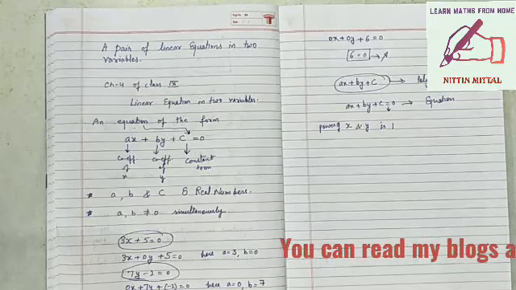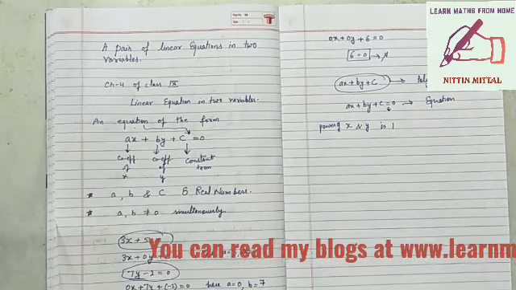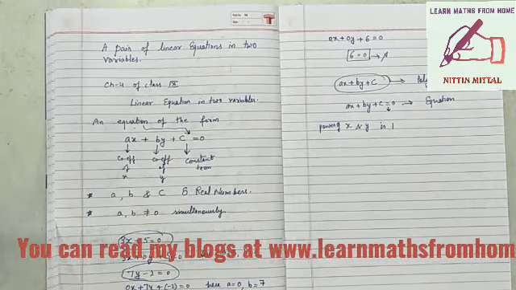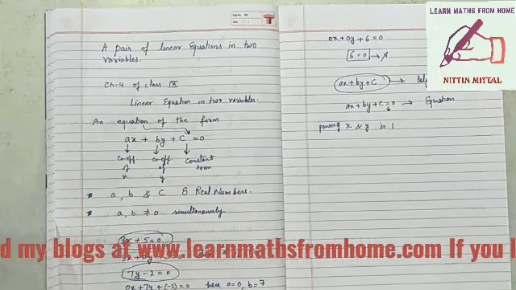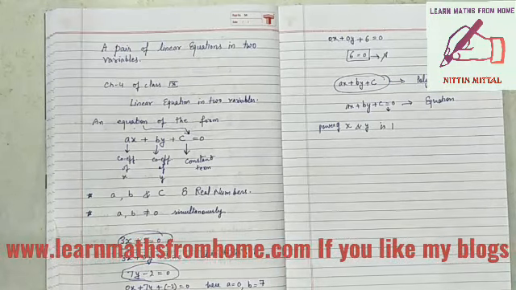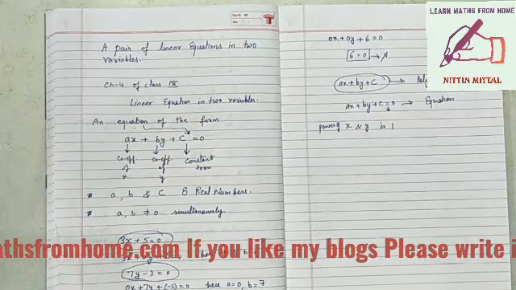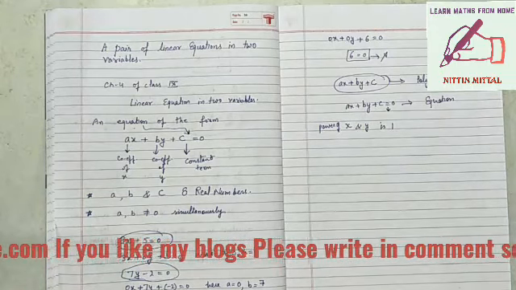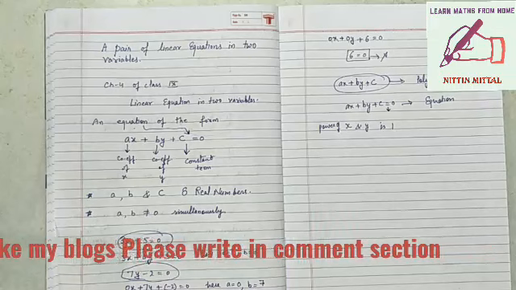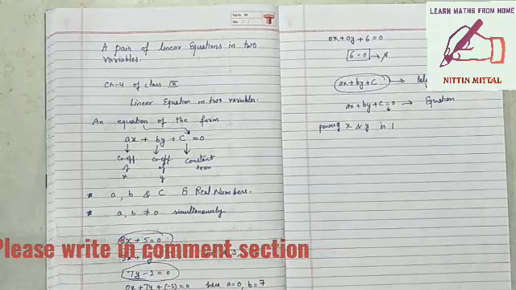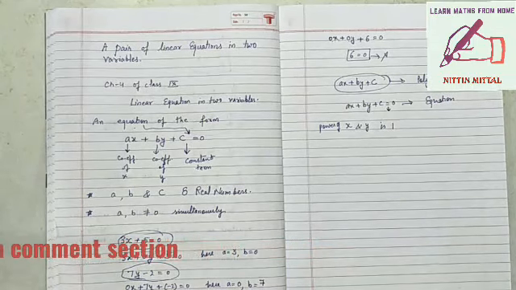And linear polynomial, if we write equal to 0, then we call it linear equation, and there are two variables involved, therefore we call it linear equation in two variables.